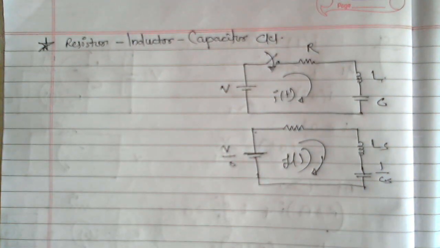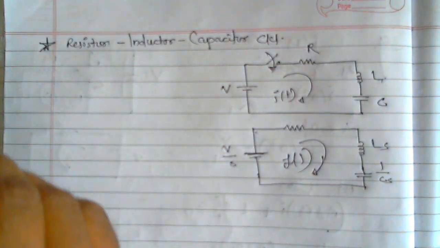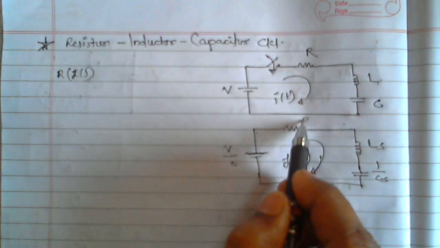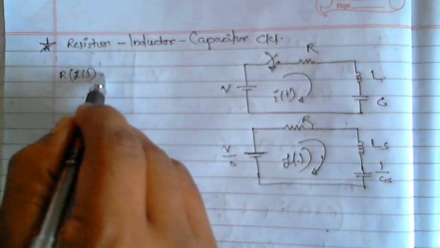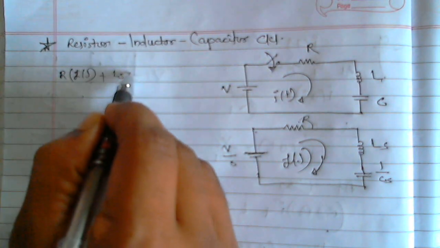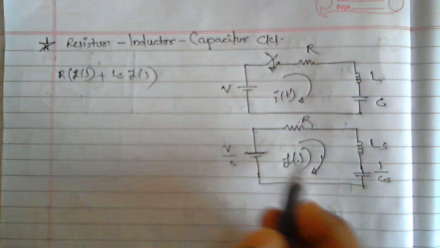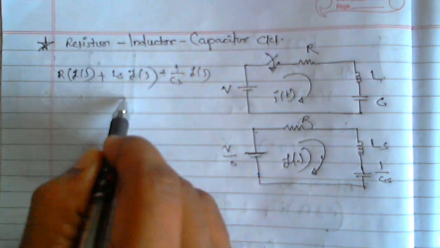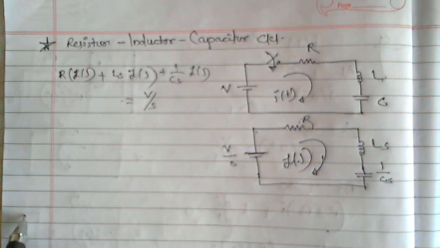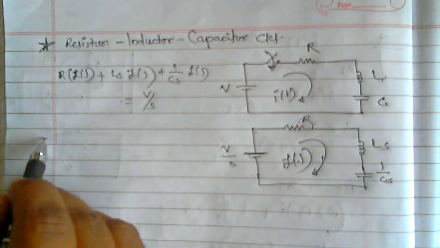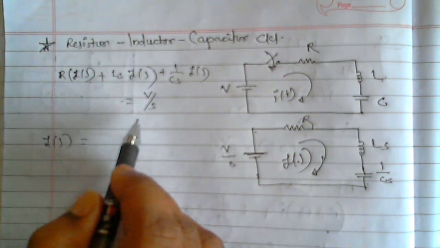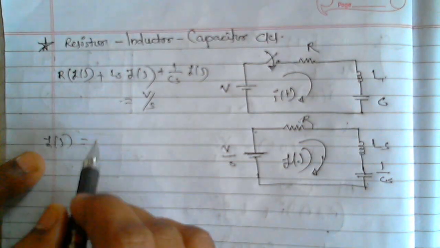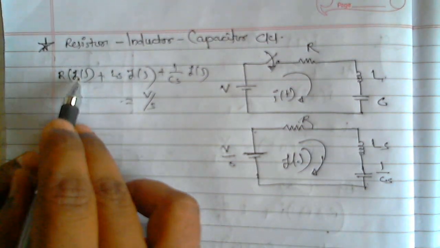In the frequency domain, now let's apply KVL in this circuit and we get R into I of S plus LS into I of S plus 1 by CS into I of S is equal to V by S. Now if I rearrange this equation for I of S, I will first take I of S common from these terms.